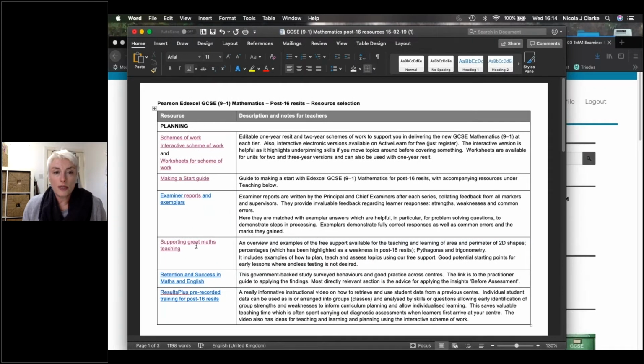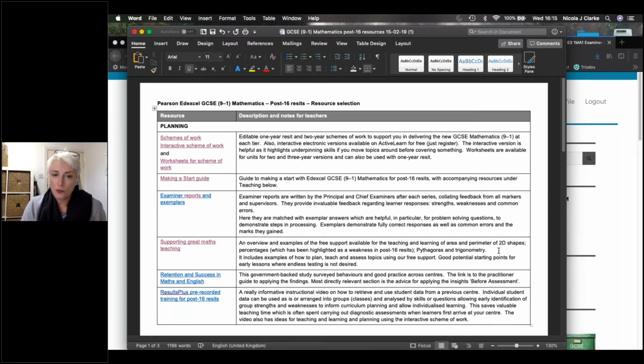We've also got a selection of actual lesson plans with selected topic areas. So these cover the selection that I've got here: area and perimeter, 2D shapes, percentages, Pythagoras and trigonometry. Trig we need to address now at foundation, so that will always come in helpful, and it's certainly still requested as a revision topic for research students.